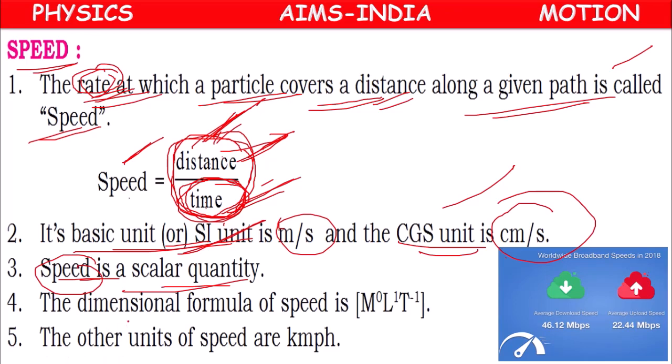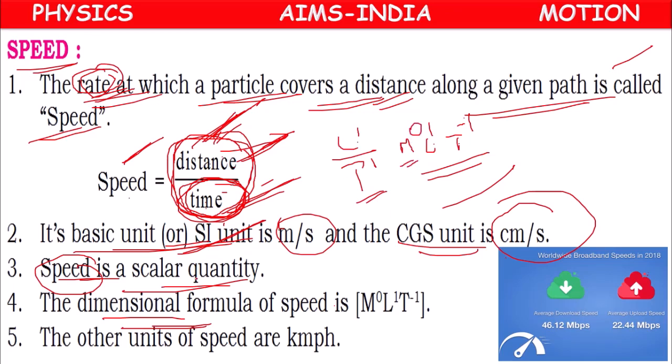What is the dimensional formula of speed here? Distance means length, time means capital T. L one time, T one time, but T is in the denominator. If we take it to the numerator, it becomes T power minus 1. So L power 1, T power minus 1. There is no mass here, so mass is not involved.